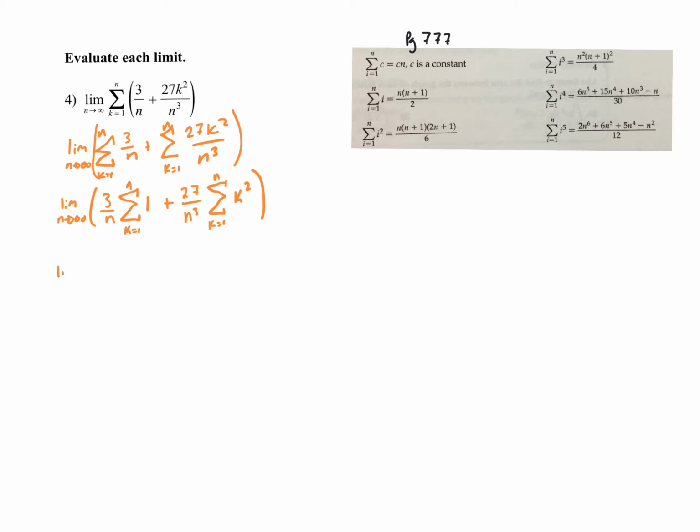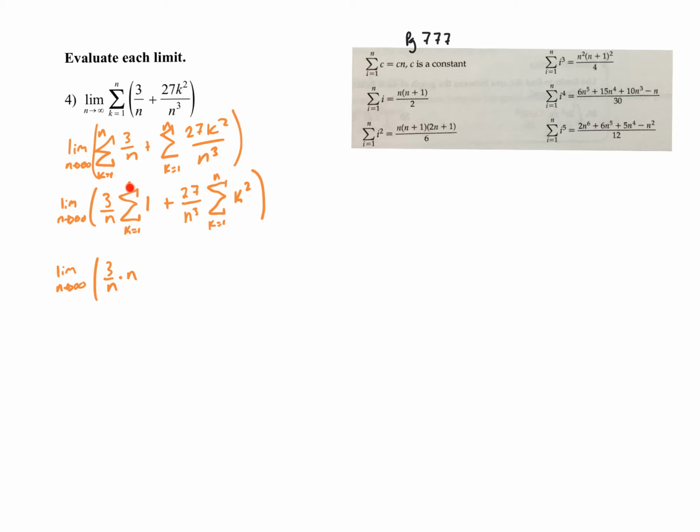So we're still taking the limit as n goes to infinity of 3 over n. If it's just a constant, it's going to be c times n. In this case, my c is 1, so it's just going to be times n.